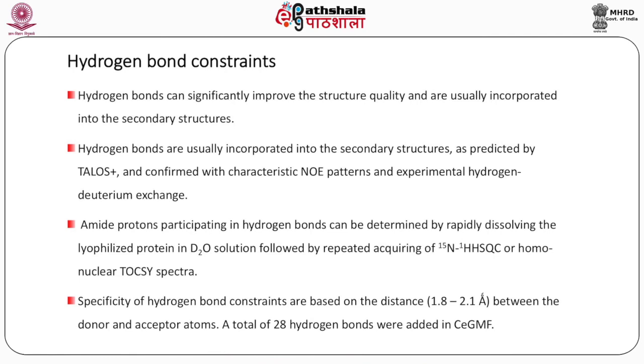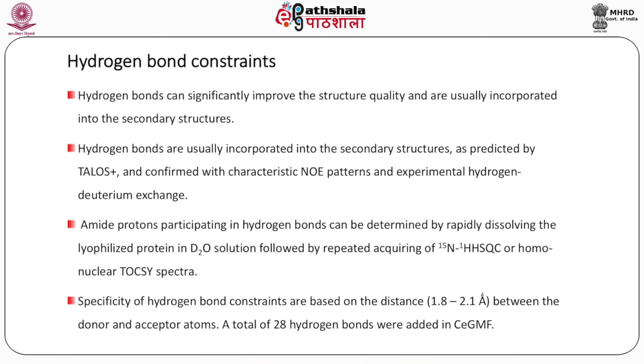Hydrogen bond constraints. Hydrogen bonds can significantly improve the structure quality and are usually incorporated into the secondary structures as predicted by TALOS Plus and confirmed with characteristic NOE patterns and experimental hydrogen deuterium exchange.